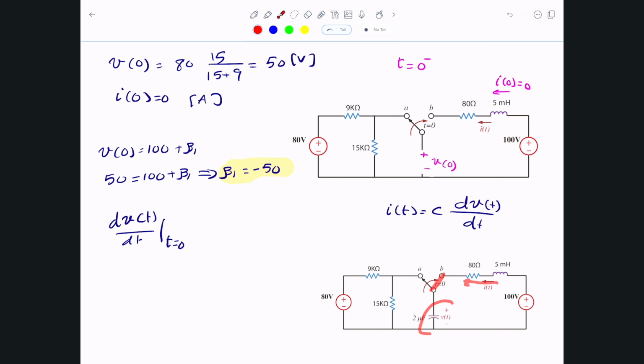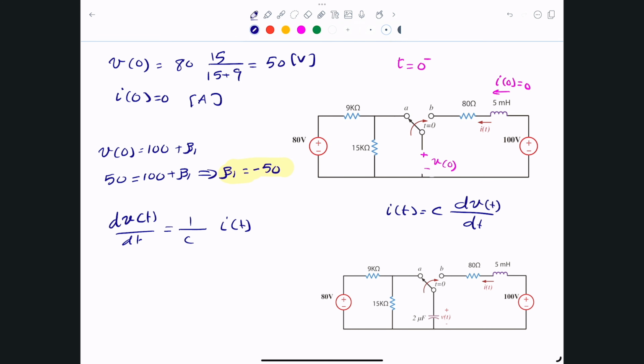So what we have is C dV divided by dt, and what we're looking for is dV divided by dt. Forget about t equals 0 for now. It should be equal to 1 divided by C times I of t, and this is the current going through the capacitor, which is the same I of t in here. Passive sign convention tells me the current is entering the positive terminal, so positive is okay.